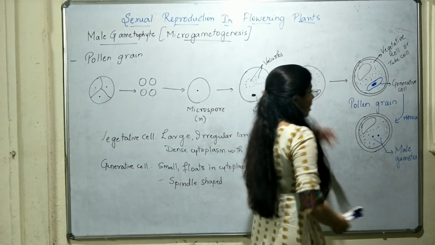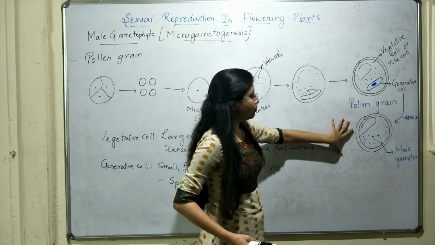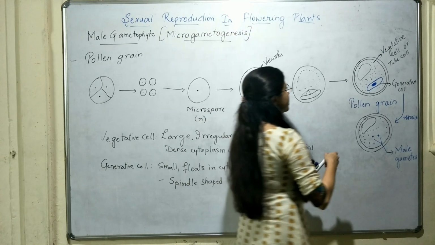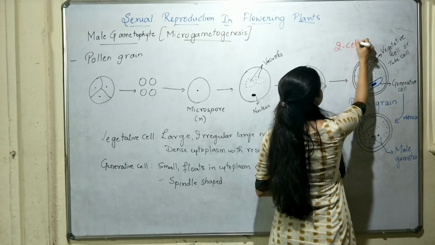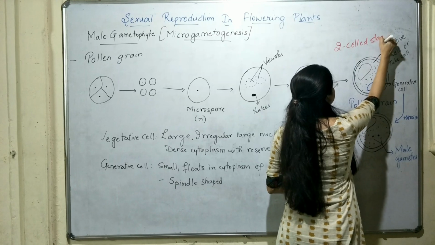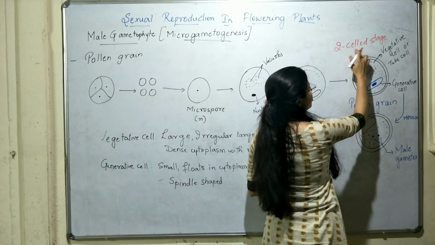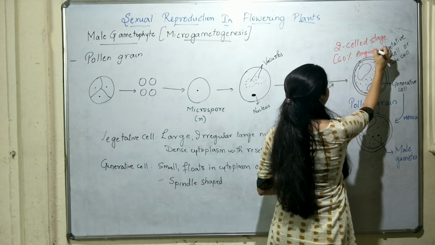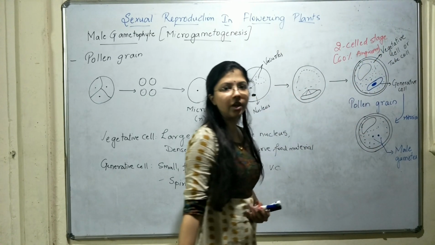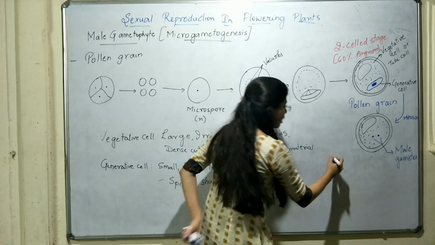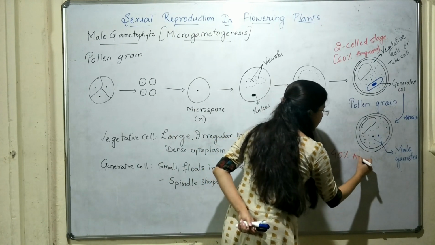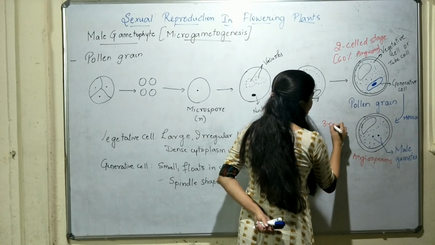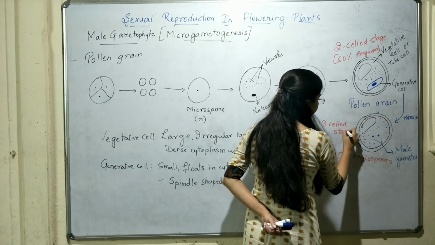One more thing, this stage of the pollen grain is called the two-celled stage, where there are two cells present in a pollen grain. 60% of the angiospermic plants release the pollen grains at this stage, whereas in 40% of the angiosperms, the generative cell will divide to form the male gametes, and hence that stage is called the three-cell stage.